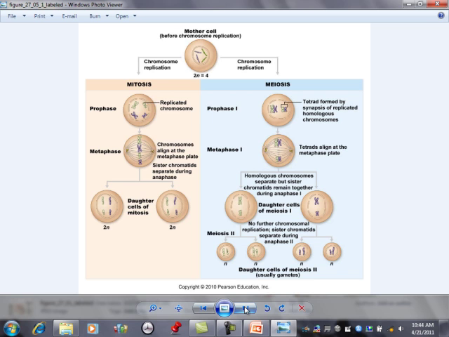In meiosis, in the formation of gametes, I'm going to go through that first division just like I was going into mitosis. So I'm going to replicate my chromosomes during S phase, and then I'm going to go through all of the different phases that we talked about. And you remember what they all are, don't you? Prophase, what am I doing?